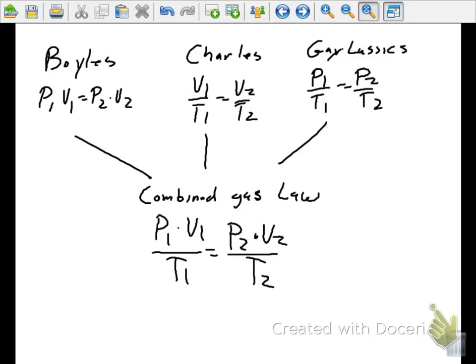If it says pressure remains constant in the experiment, then we have Charles' Law. Cover up the P's there. If volume remains constant like the flask we changed, then we get rid of V1 and V2 because they're the same numbers and cancel out anyway.